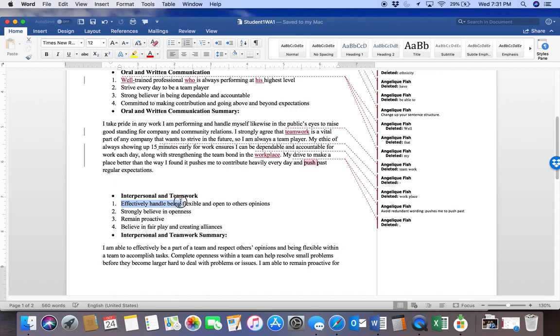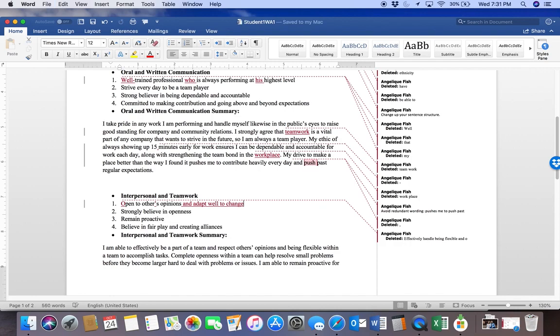Instead of saying effectively handle being flexible, you could just say, we'll just start here. Open to others' opinions and maybe adapt well to change, something like that. There we go.